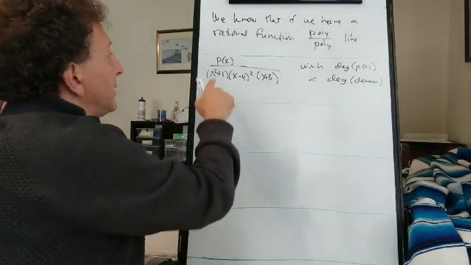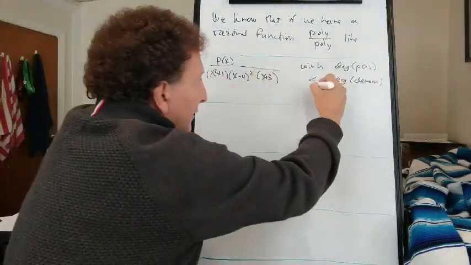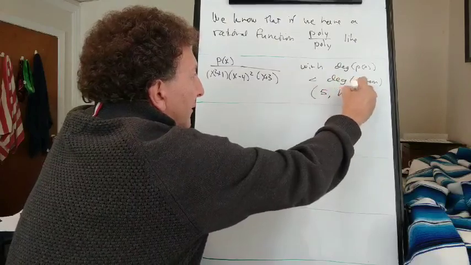Here the degree of the denominator is 2 plus 2 plus 1. So that's 5 here.